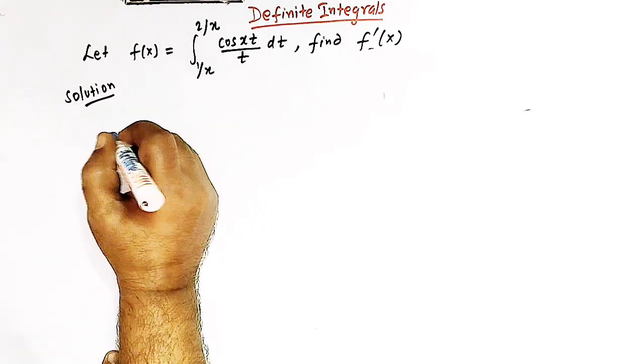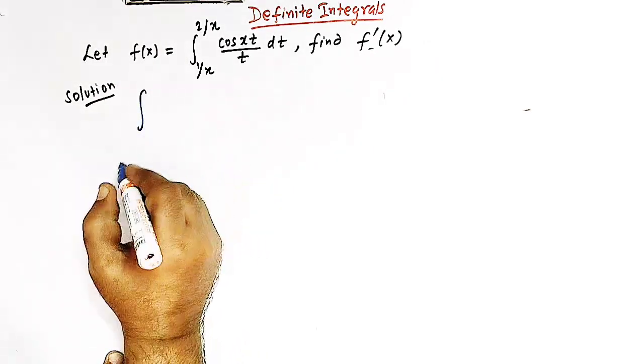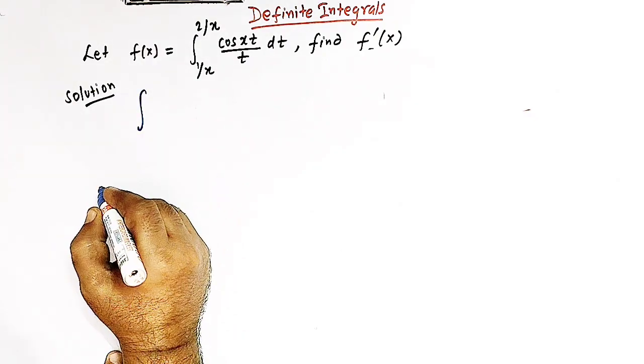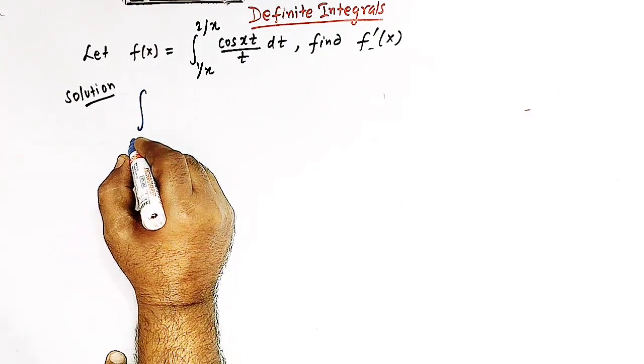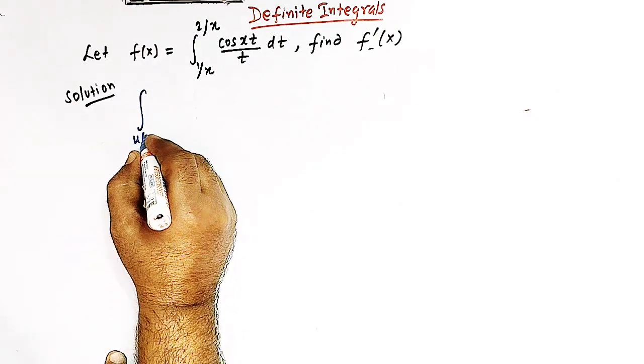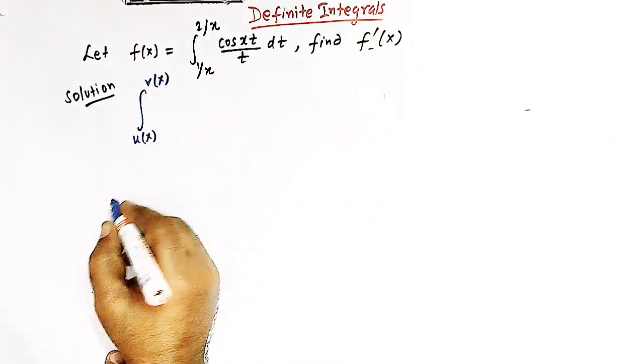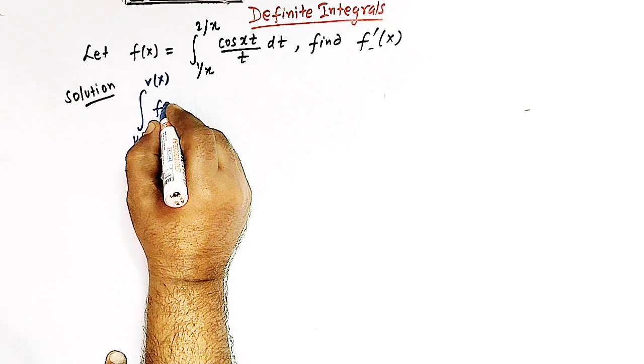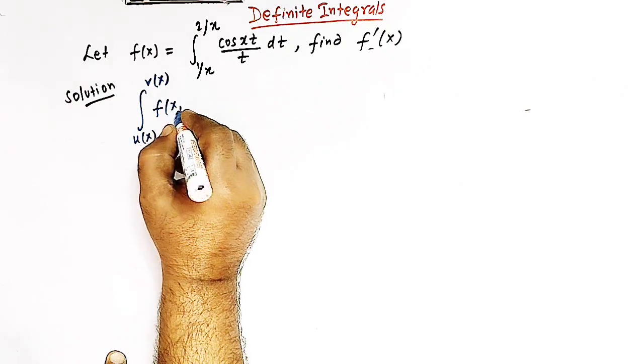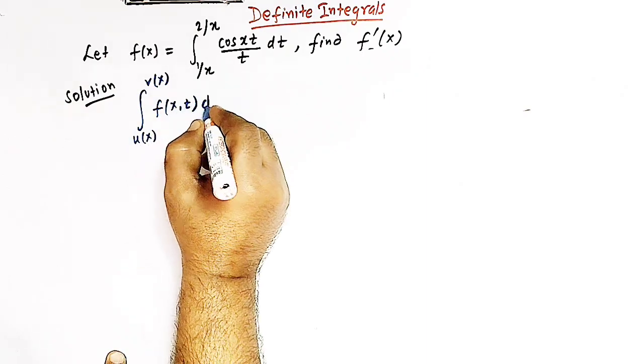Now consider the integral where the lower limit and the upper limit are some function of x. Suppose the lower limit is u of x and the upper limit is v of x, and our integrand is a function of say x and t, right?